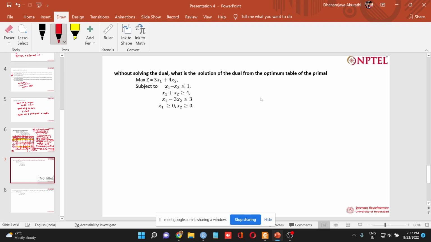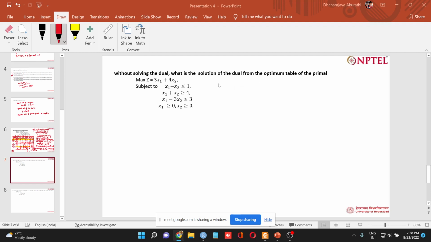How can we say the dual solution without solving the dual if we had a primal solution? In today's previous lecture we had discussed it. CB into B inverse. So the dual solution would be CB into B inverse when we have a primal optimal table.